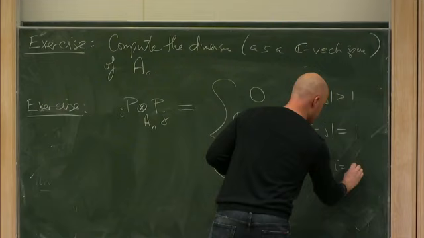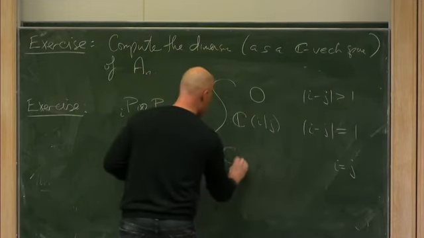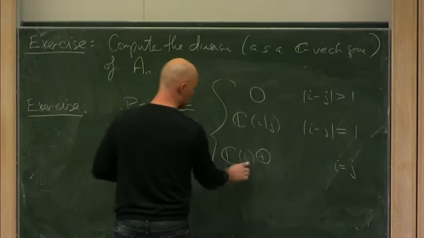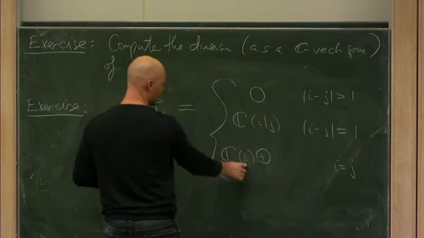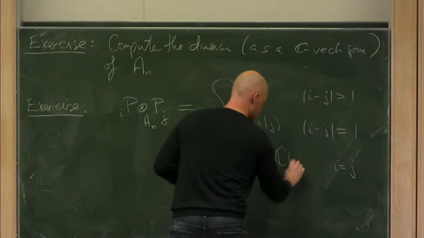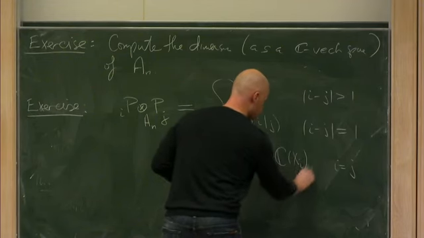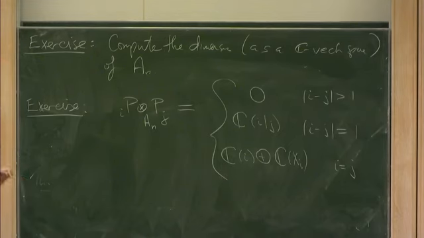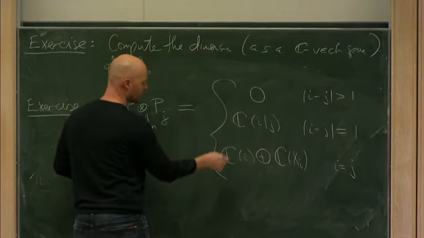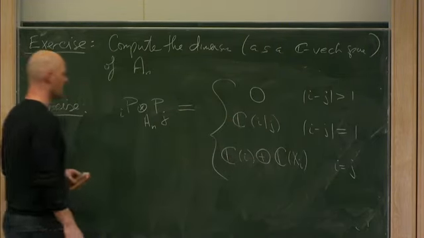And when i equals j, this vector space is two-dimensional. I'm just writing the basis vector, x_i. I'll explain this in a second. So the point of this exercise is to compute that this tensor product is 0, a one-dimensional vector space, or a two-dimensional vector space, depending on what i and j are.